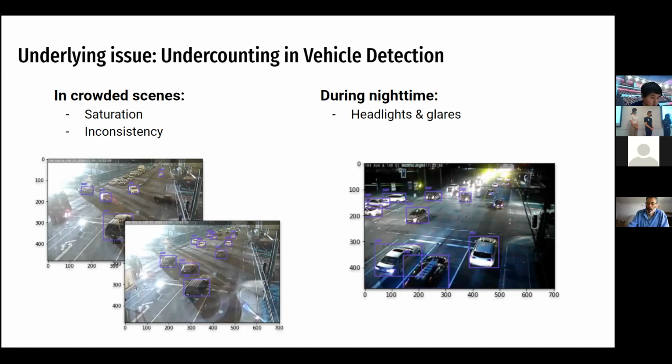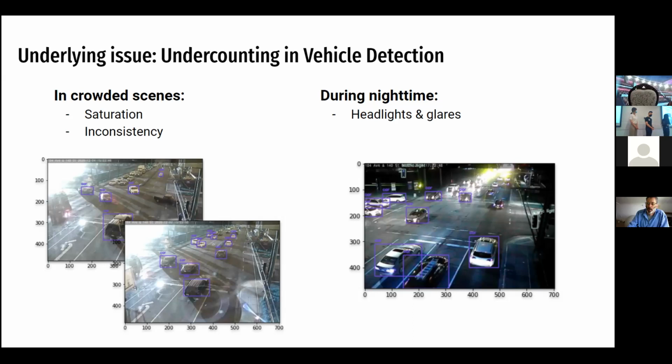Yet you can casually look at the data set of the actual images and easily find a lot of images that are beyond 20 car counts. And the other issue is inconsistency. If you look at consecutive images taken at the same intersection, they can suggest very different traffic states.